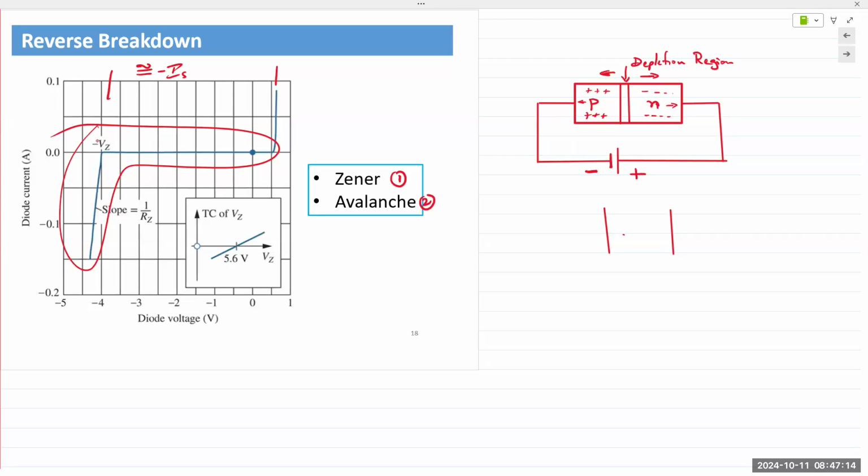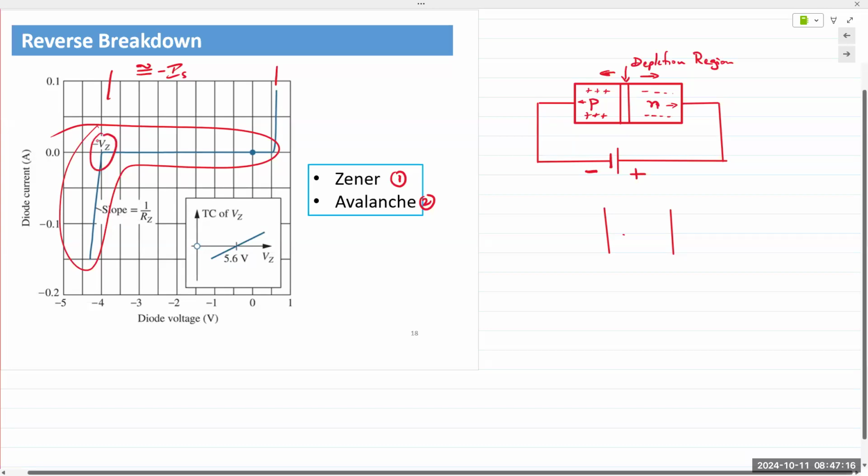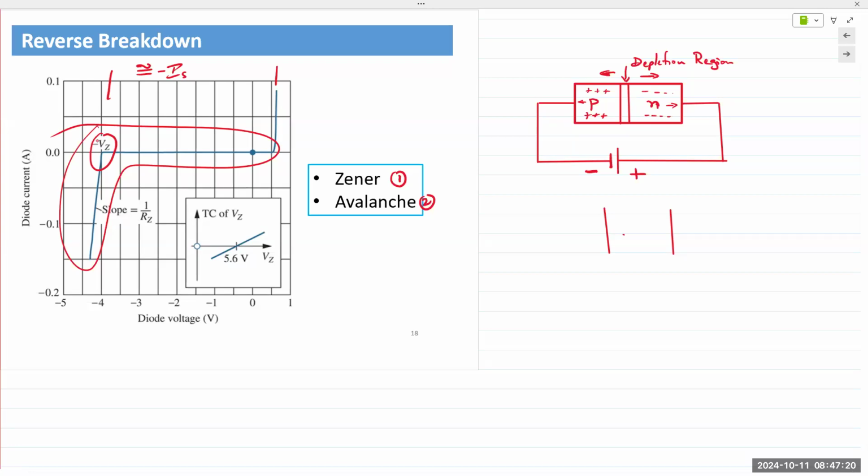And so at this particular point, from the external voltage that we apply, there is so much energy that is imparted to the carriers that the carriers are now moving freely in the material. They collide with other atoms and other particles in there, creating a cascading effect where there are a whole lot more free charge carriers available to move.